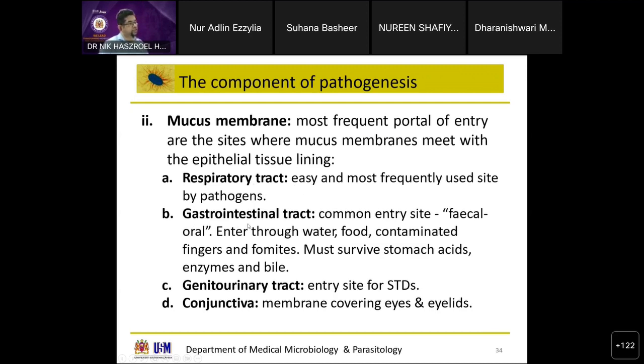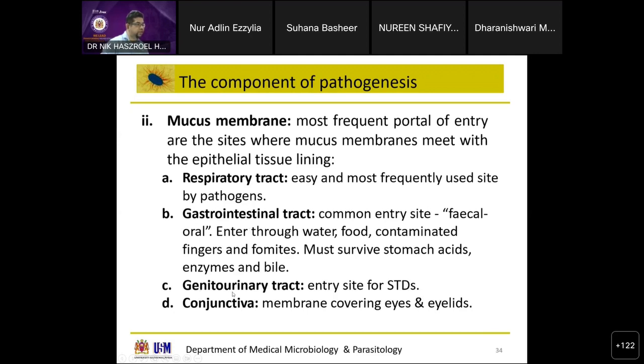Then there is the gastrointestinal tract, a common entry site for fecal-oral pathogens like Salmonella typhi and Shigella. They enter through water, food, contaminated fingers, and fomites on environmental surfaces. If you touch and eat without washing your hands, they can gain entry into your digestive tract. But they have to survive the stomach acid, enzymes, and bile.